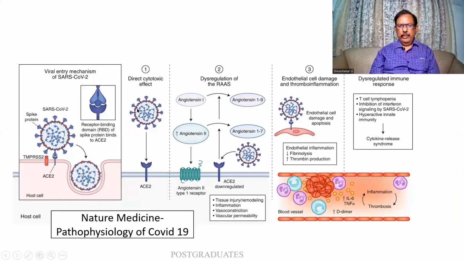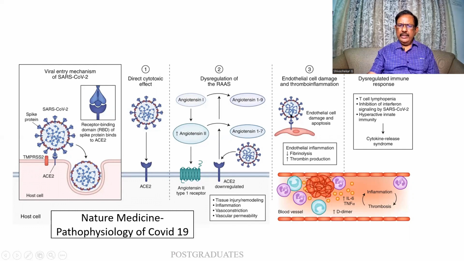This is again a beautiful sketch that you can use for any question on COVID. So there is an entry of the virus, there is an attachment to the receptor, there is an activation of the angiotensin 1, angiotensin 2, 1 to 9 are being activated, and finally there is a down regulation of the ACE2. There are the various tissue injuries, remodeling happening.